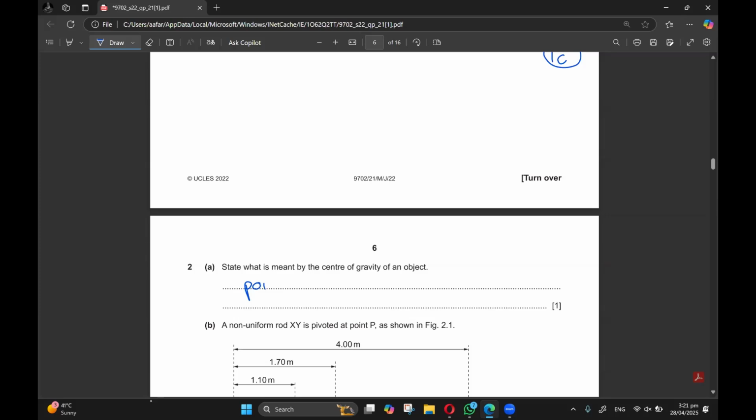It is the point where all the weight of an object is taken to act.